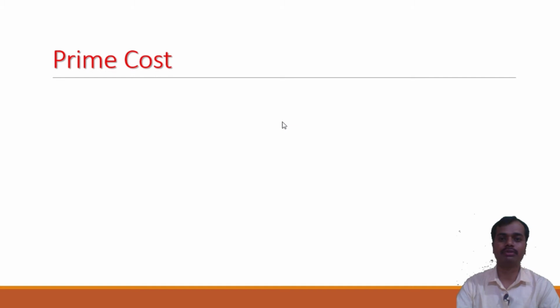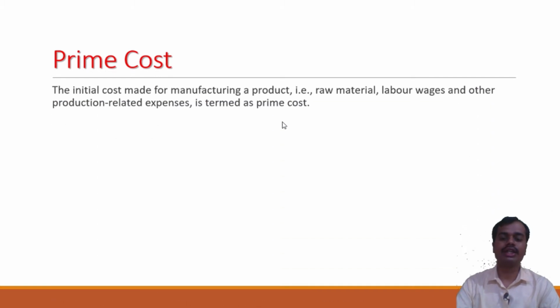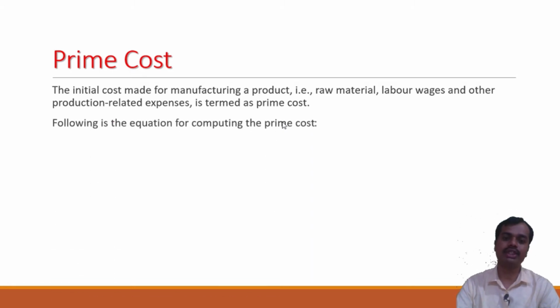First is prime cost. The initial cost made for manufacturing a product, that is raw material, labor wages, and other production related expenses, is termed as prime cost. The following equation is used for computing the prime cost.